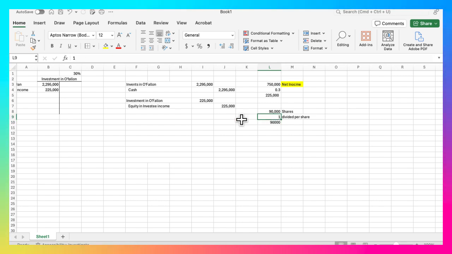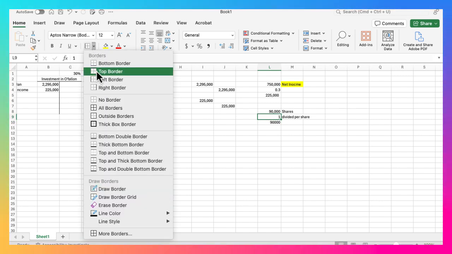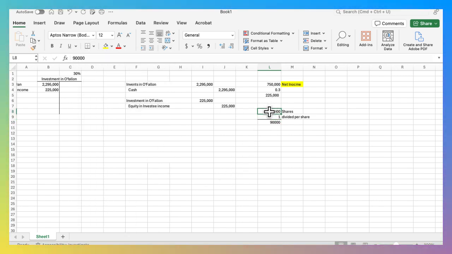Why? Well, think about it. What are we reporting here? We're reporting that we have 90,000 shares and we're getting $1 per share. That's $90,000. Okay? If by chance they said the total dividend that they declared and paid was $1 million, meaning everybody that owns shares got a dividend and the total equaled $1 million, in that case we would take 30% of the dividend.